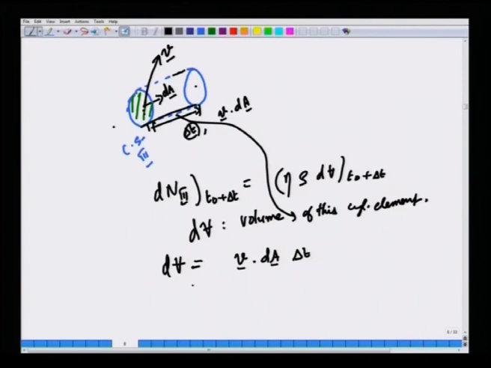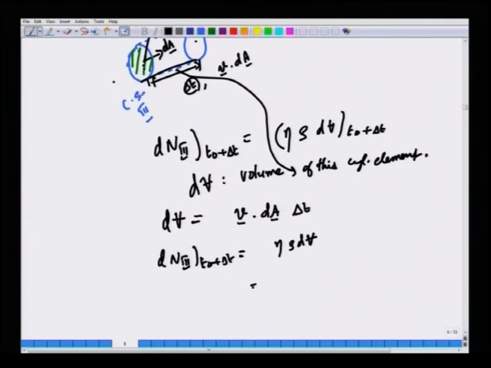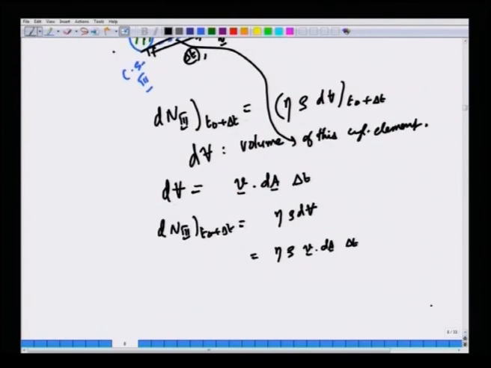So, dN3 at t 0 plus delta t is nothing but eta rho dV, which is eta rho V dot dA times delta t.